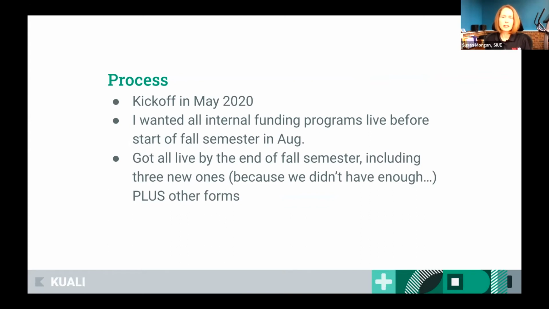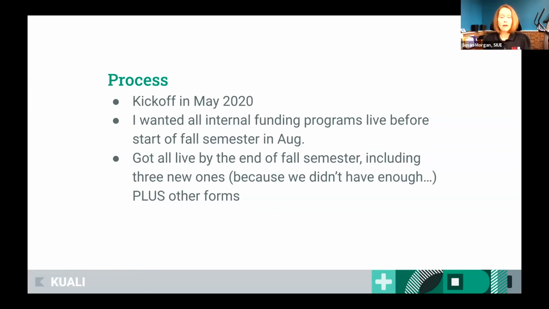I wanted that because I didn't want the process to drag on and on. So we get some of them up, and then in a year, 2 years, we finally get to the rest of them. And not only that dragging on, but then having the students and the faculty confused. Is this one of those programs we go into Kuali Build, or is this one of those programs that is still a paper process?